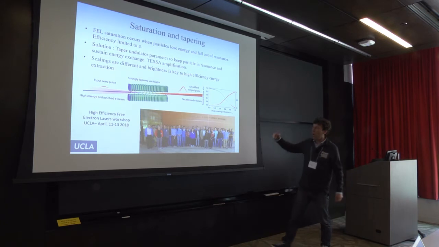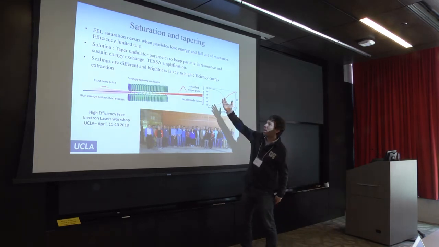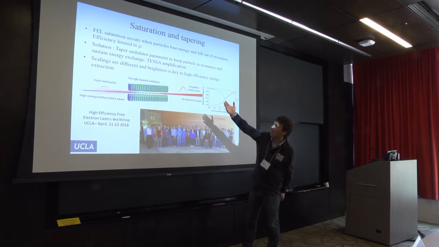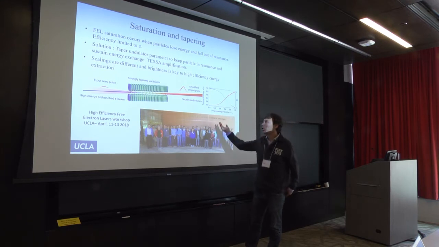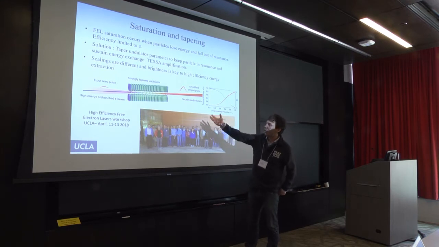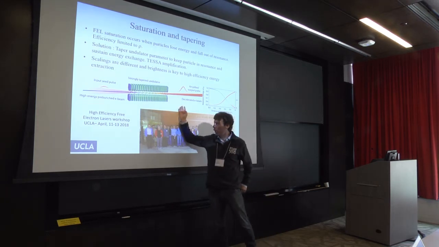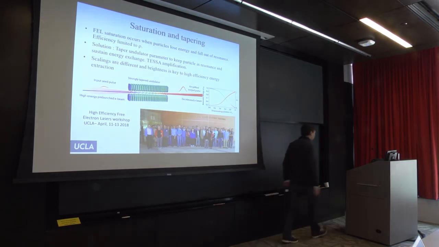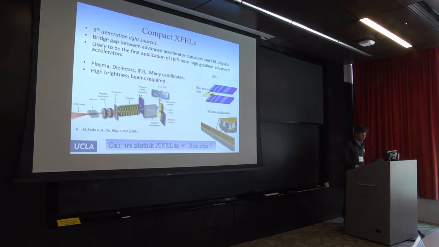When the FEL typically saturates at some point, the efficiency is limited to rho. What you can do to avoid that is taper the undulator so the resonant condition changes along the undulator, and you can keep extracting energy from the beam. In this case the scalings are different, and a higher brightness beam will greatly help in improving the extraction efficiency.